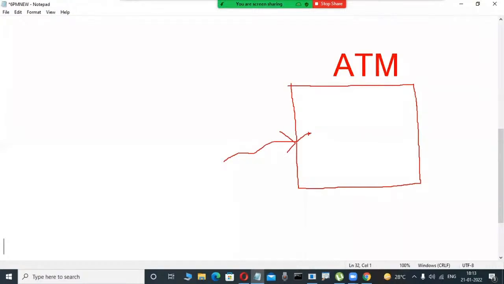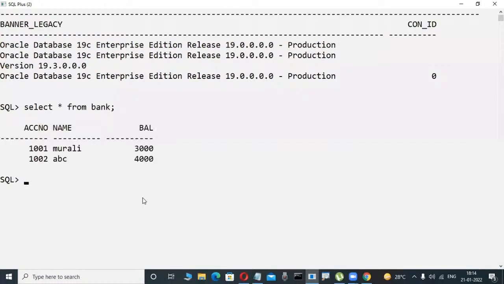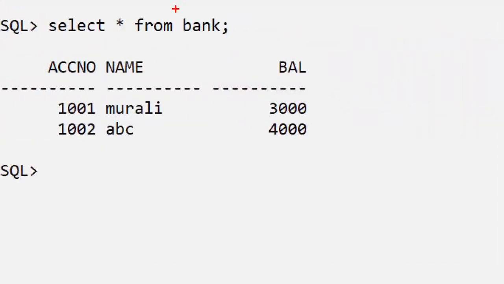Now check it out. Observe the screen. Suppose in this database, a bank table is there, for example. Just observe the scenario, it is very easy to understand. This is a bank table.